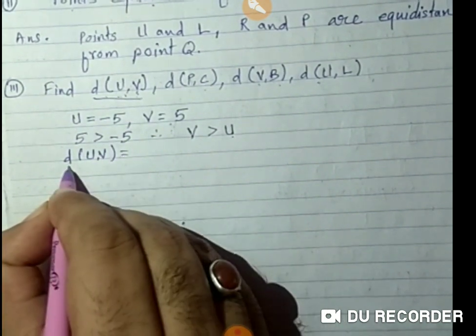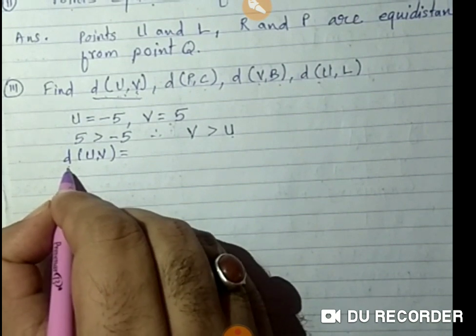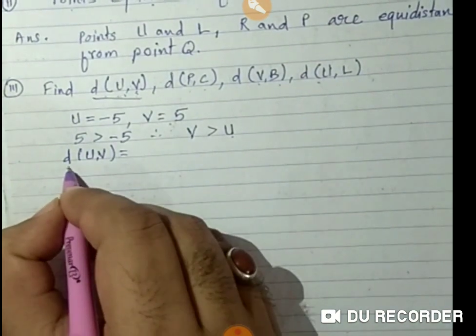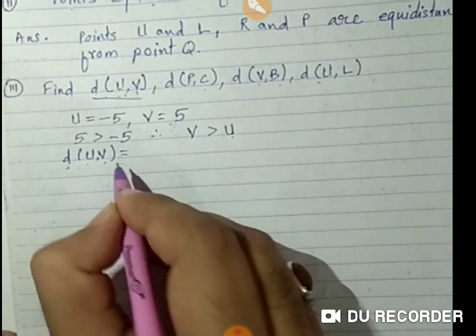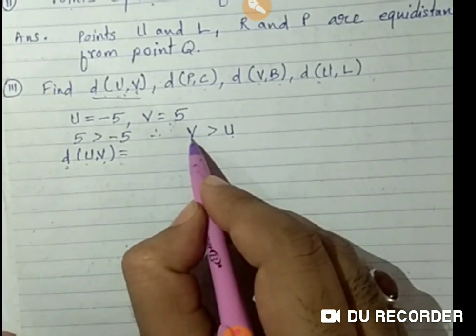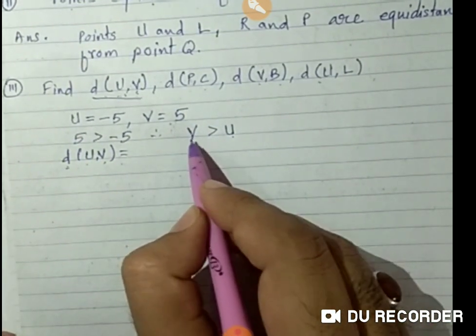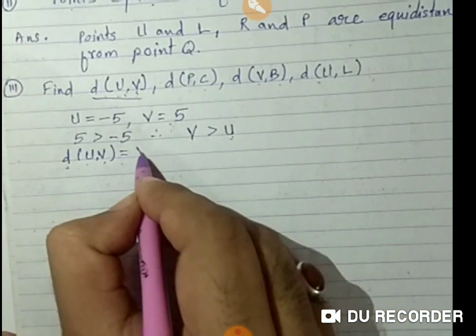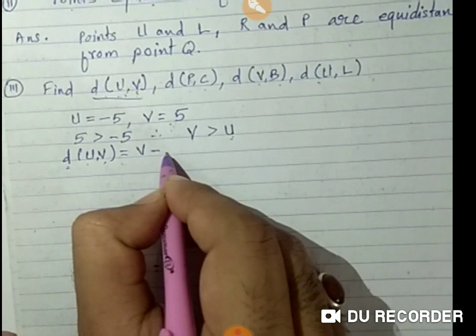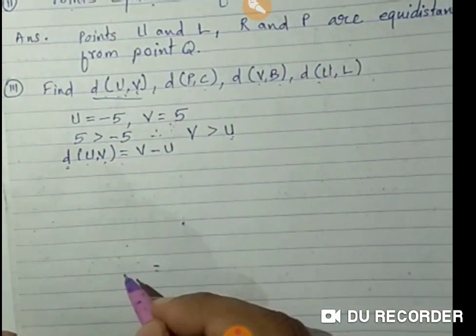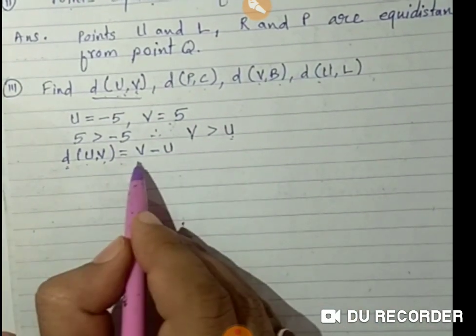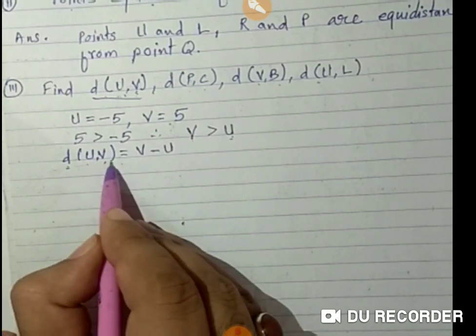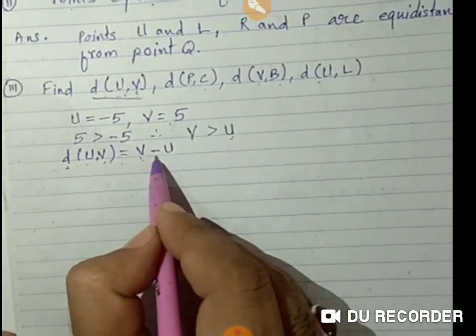D stands for distance. Distance UV is equal to higher coordinate minus lower coordinate. So here the greater one is V minus smaller one, that is U. So this is your formula. Distance between UV is V minus U.